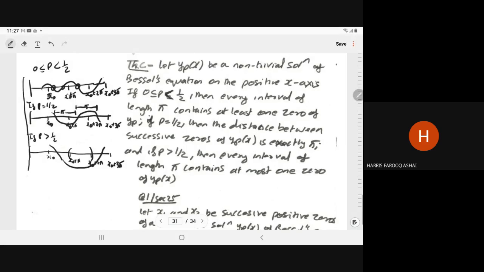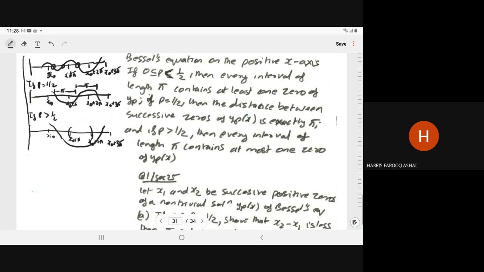What is the theorem statement? Theorem C states that let yp be a non-trivial solution of Bessel's equation on the positive x-axis. If p is greater than or equal to 0 but less than half, then every interval of length pi contains at least one zero of yp. If p is equal to half, then the distance between successive zeros of yp is exactly pi.